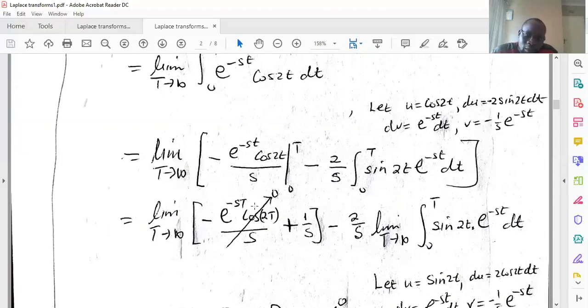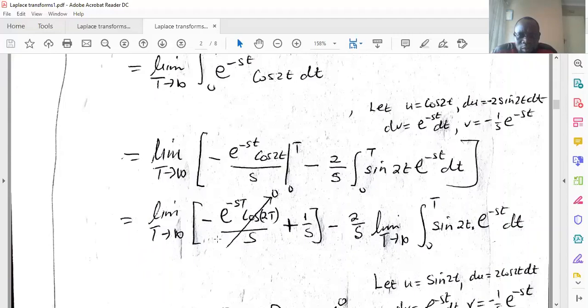So if we evaluate this component at t, we'll get this guy here, and then of course minus the evaluation at t equal to 0, which gives you 1 here, 1 here, and over s, so plus 1 over s. And this one will go to 0, provided s is greater than 0.